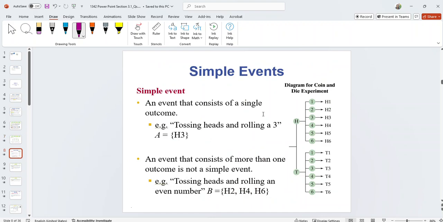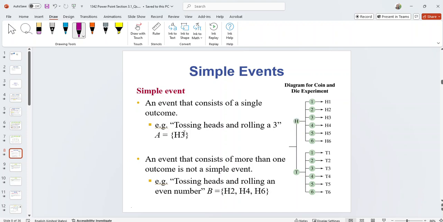What is a simple event? Simple means you only have one outcome. If you only have one outcome, it's called a simple event. When an event has more than one outcome, it's not a simple one. So for example, tossing a head and rolling a 3, that would be H3. H3 is only one.